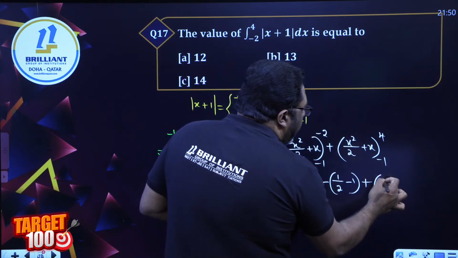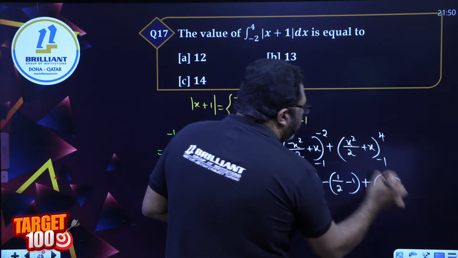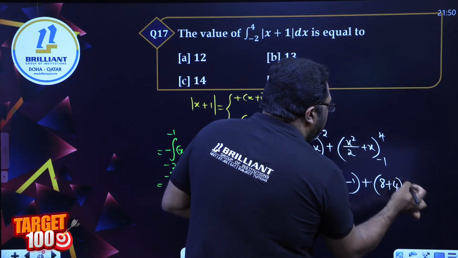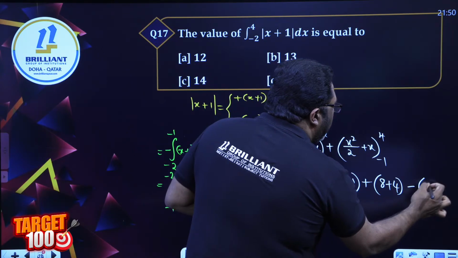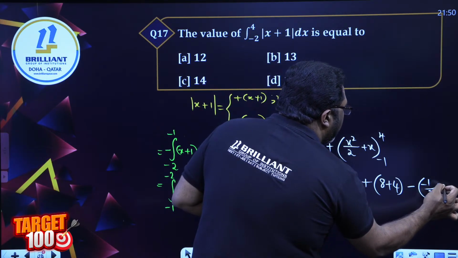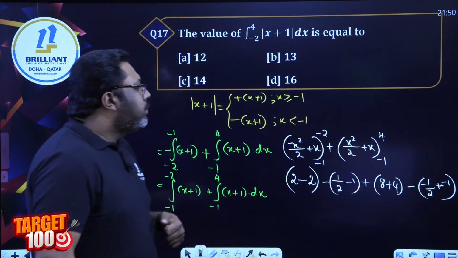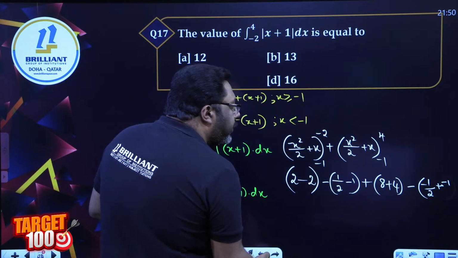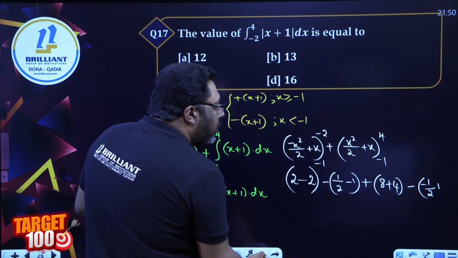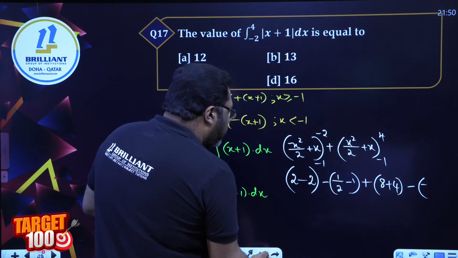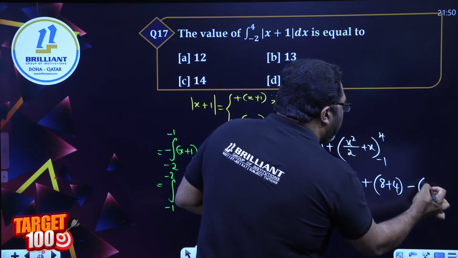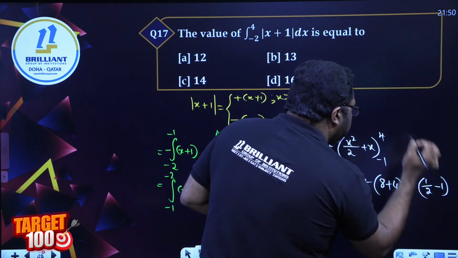plus 4 squared by 2, 16 by 2, 8, plus 4, then minus 1 by 2 squared, I'm sorry, minus 1 by 2 is 1 by 2 minus 1.